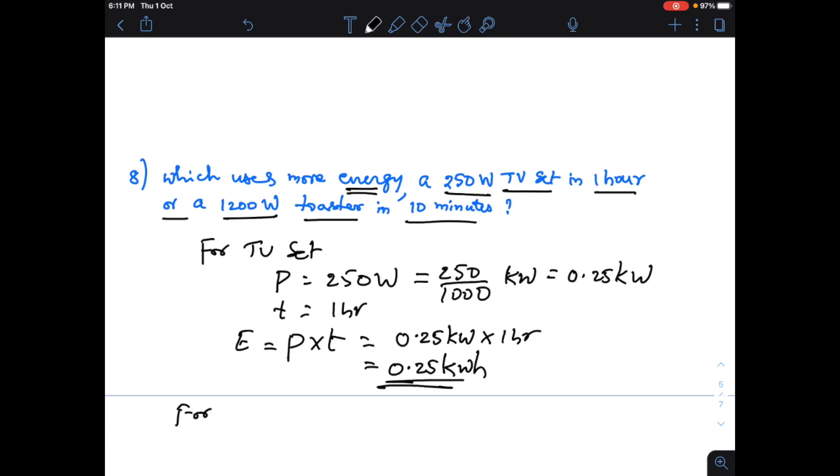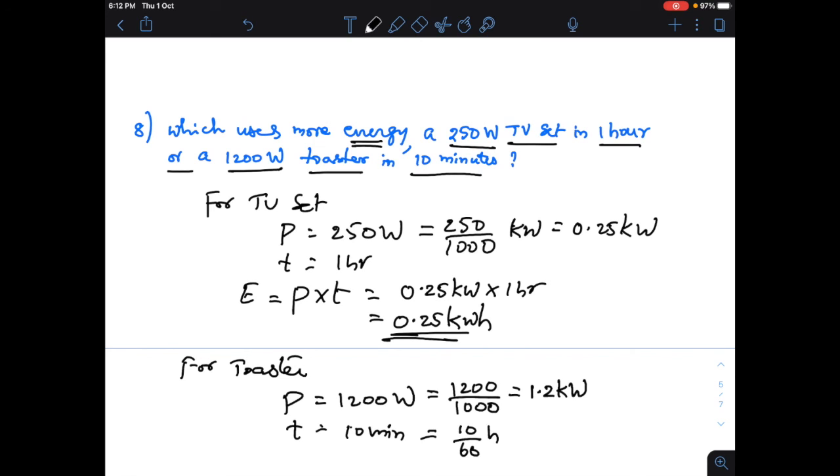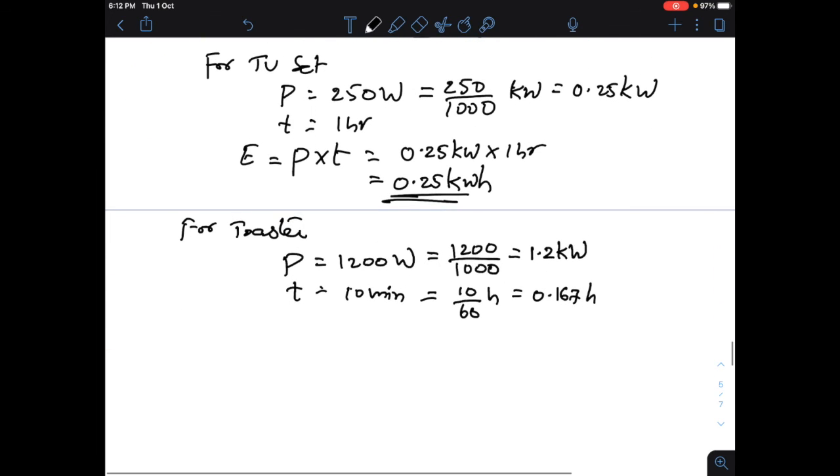Now, for the toaster, power is 1200 watts and time is 10 minutes. This 1200 watts again we will convert to kilowatts, 1200 by 1000, that is equal to 1.2 kilowatt. Then 10 minutes let us convert to hours. So, 10 by 60 hours, that will be 0.167 hours.